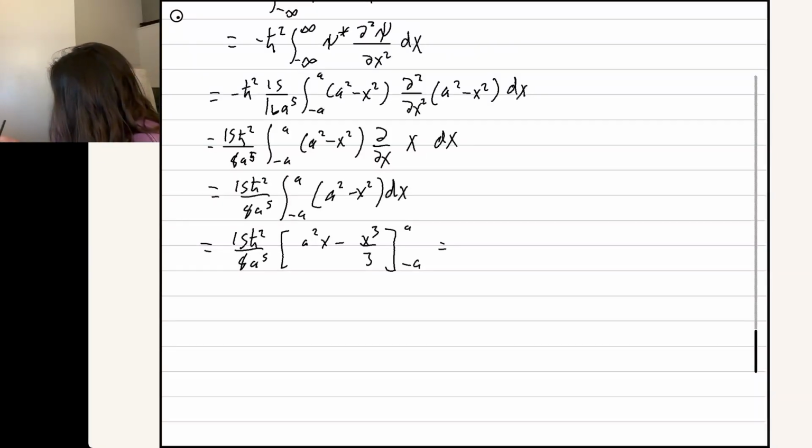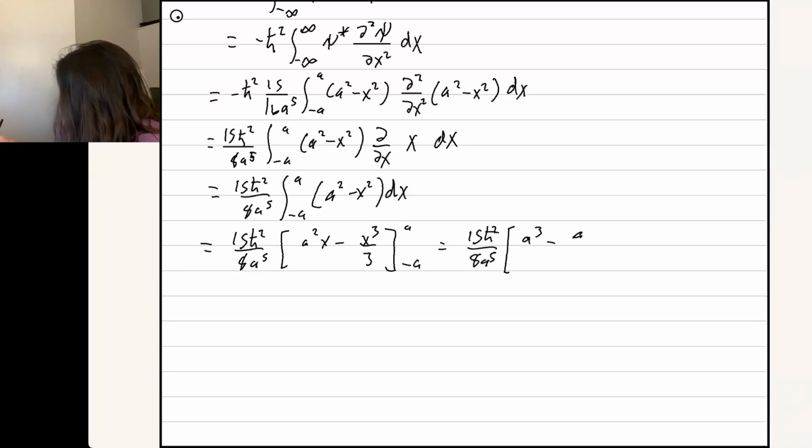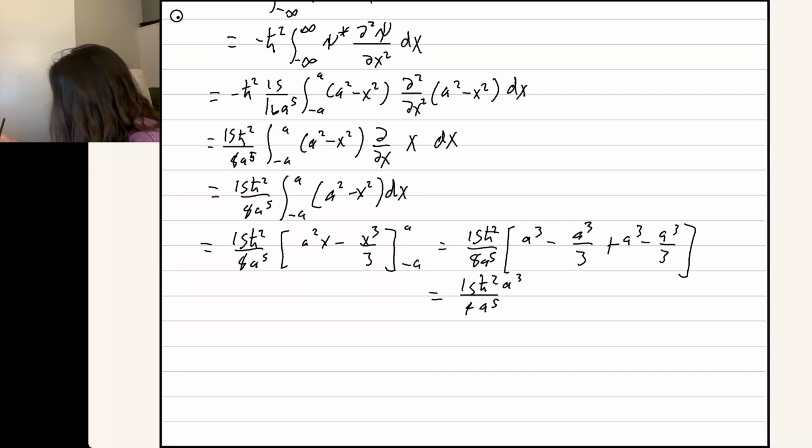That's 15 h bar squared over 8 a fifth times a cubed minus a cubed over 3 plus a cubed minus a cubed over 3. Factoring out a 2 again, we have 15 h bar squared over 4 a fifth, and we can also factor in a cubed at this point.